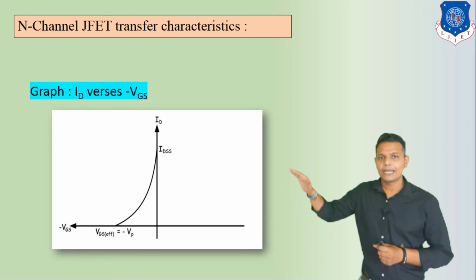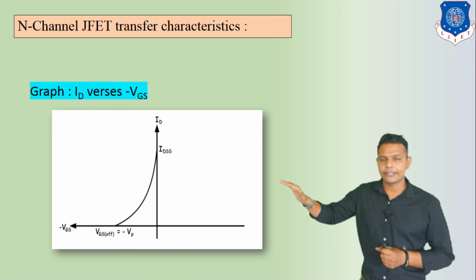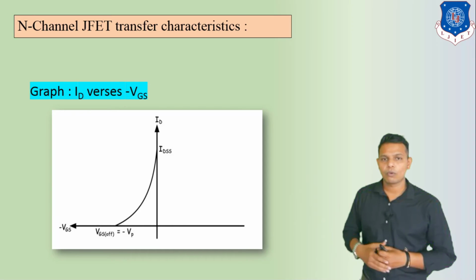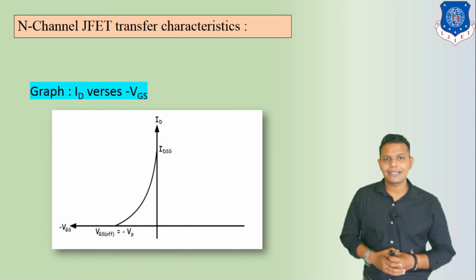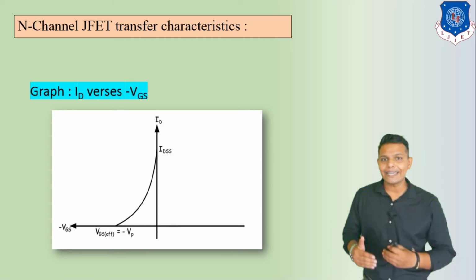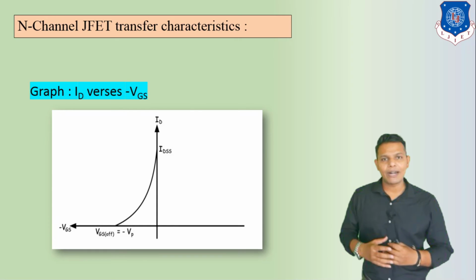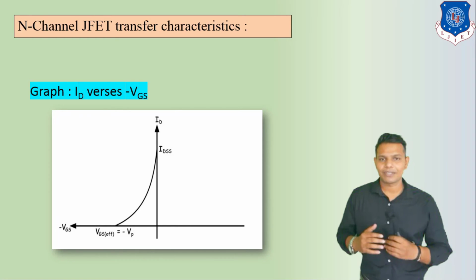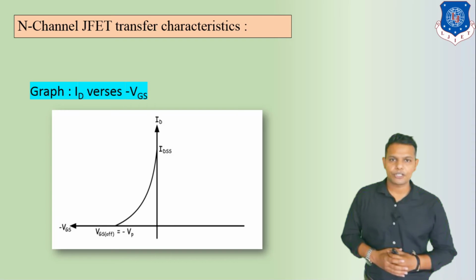So this is the transfer characteristics, and we can draw it according to Shockley's equation. What is Shockley's equation? ID is equal to IDSS times (1 minus VGS upon VP) whole squared, and this is known as Shockley's equation.